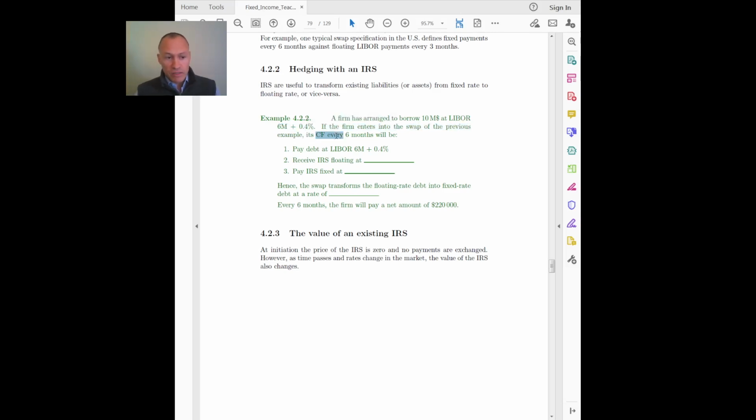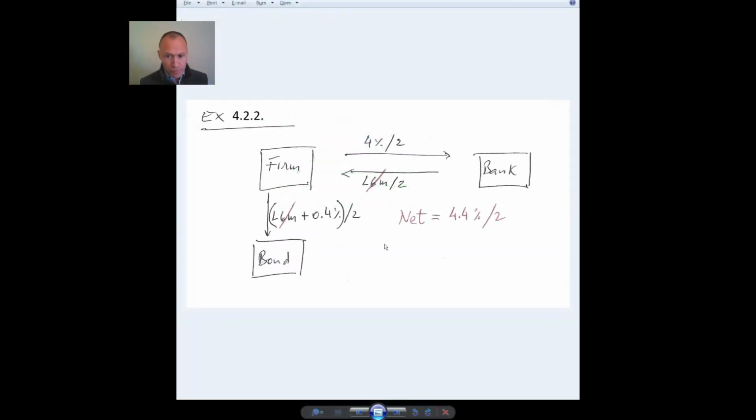So every 6 months, the cash flows that the firm will have will be the following. Well, let me show this with a scheme that is easier to see. Okay, so here we have the firm that has issued a bond. It is paying floating rate at the rate we defined before, LIBOR 6 months plus a spread, right? And what is the effect of adding an interest rate swap to this?